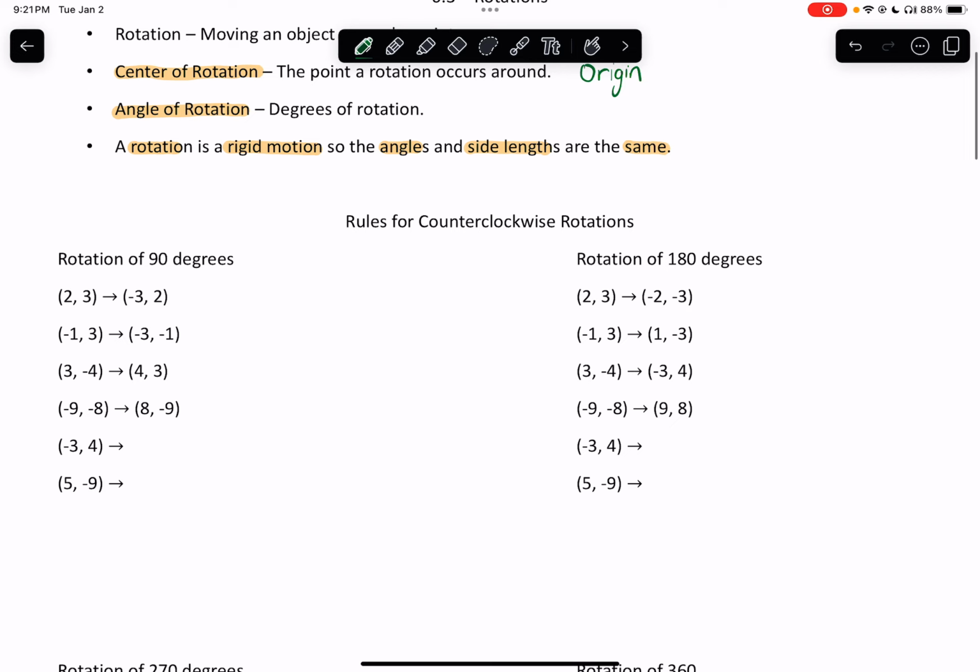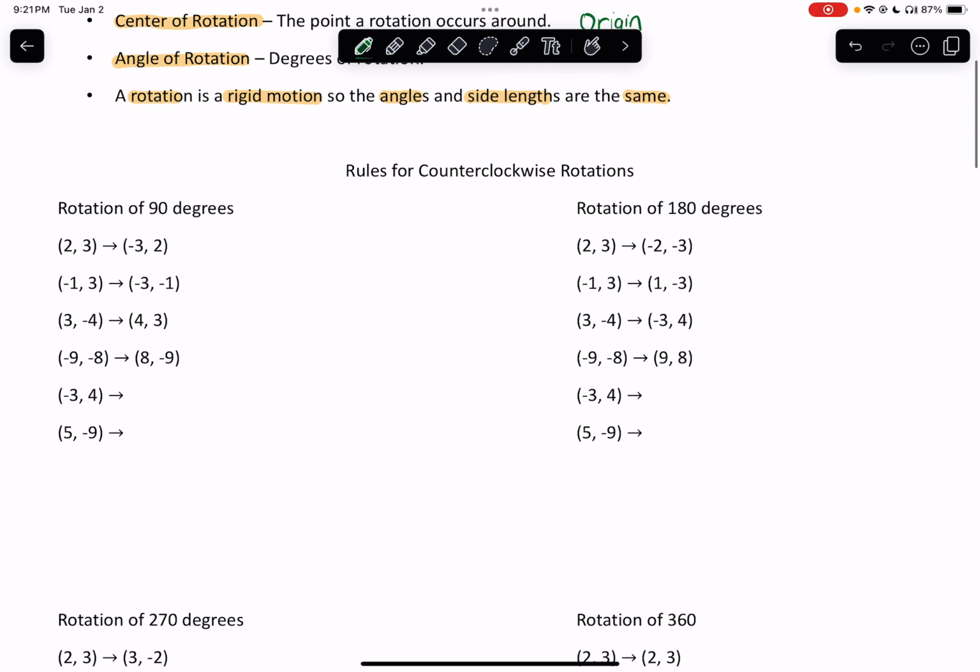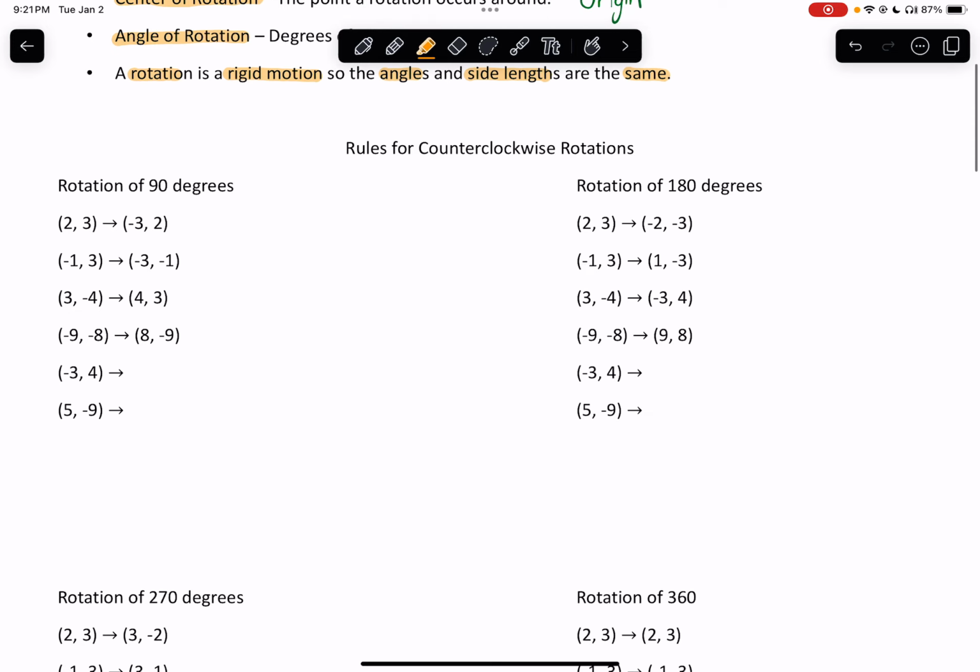And so for our counterclockwise rotations, we have rules that we can use. For our rotation of 90 degrees, we can just notice a pattern here. So we start with the ordered pair 2, 3. And then a rotation of 90 degrees counterclockwise is the ordered pair -3, 2.